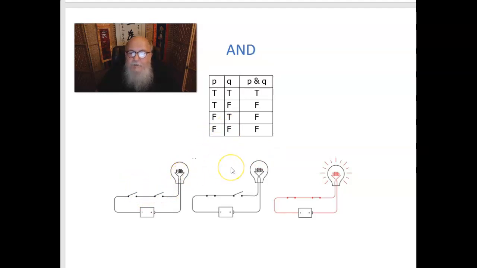Nothing happens. Or consider one gate is open and one is closed. That's like false and true, or true and false. One gate open and one gate closed. But if both gates are closed, true and true, then it lights up. This is the logical meaning of "and" instantiated into a physical object.